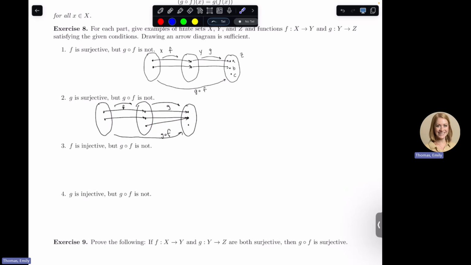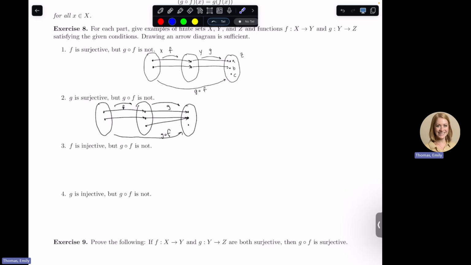So making it not go to that third thing is good. I guess it wouldn't matter if you did make it go to the third thing, because in the composition it still wouldn't go anywhere. Hey, that's what I did on my example. I did send that third one to the third spot.